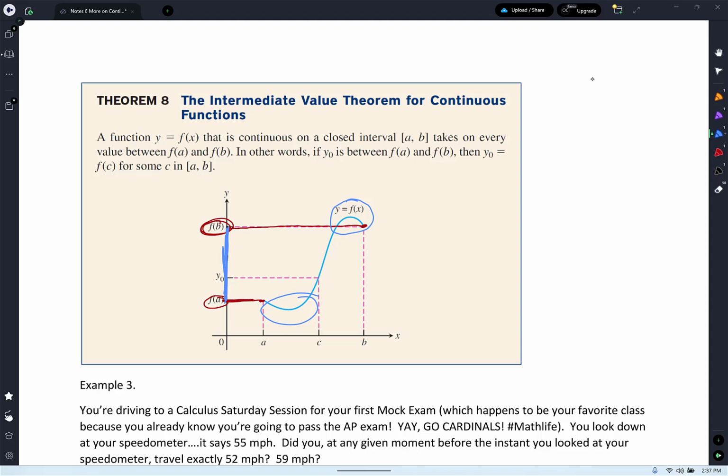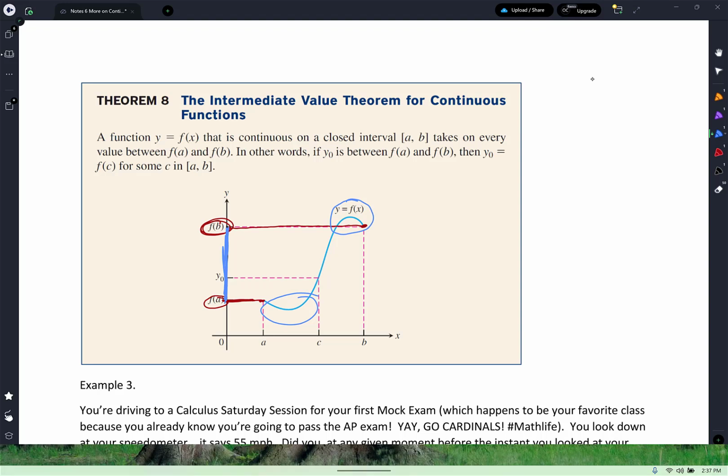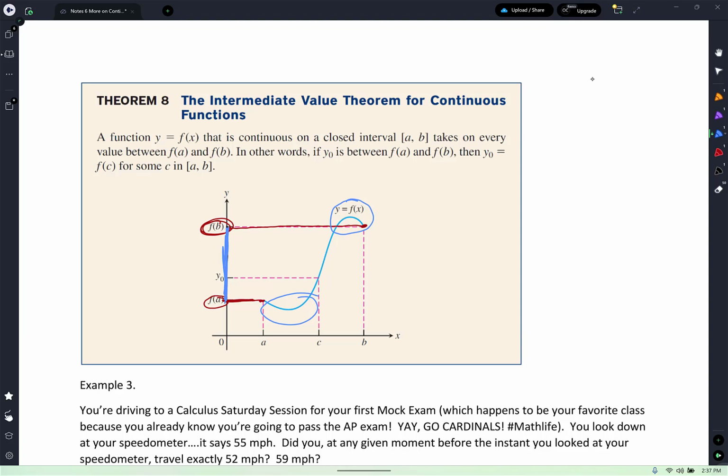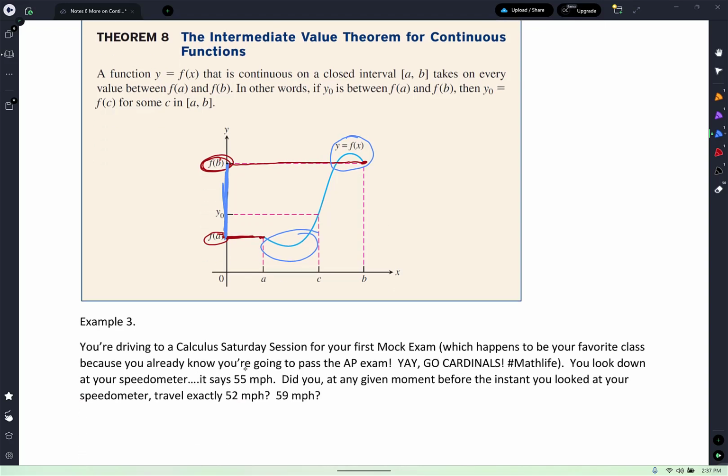Let me give you a real life example. If you're driving, and you look down at your speedometer, it says 55 miles per hour. Okay, you know what? I'm doing example 3 right now. Did you at any time travel 52 miles an hour? Yeah, the only way to get to 55 is if you hit 52. The only way.